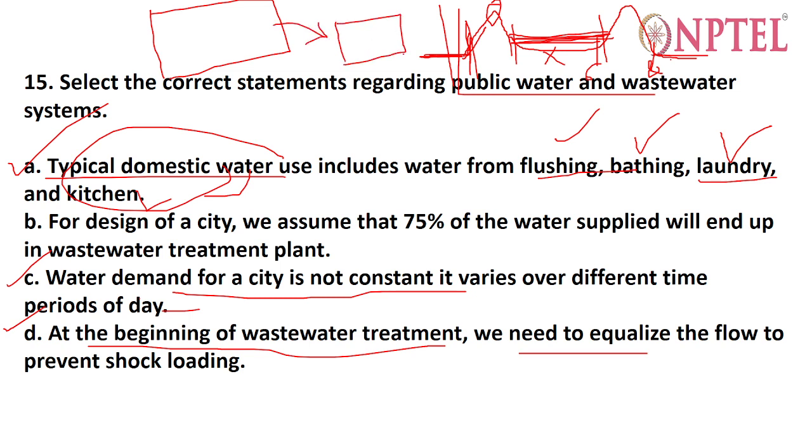The bacteria present there will not be able to cope with this high load of organic matter, and eventually there will be a lack of treatment. Whatever effluent you get will not be properly treated.